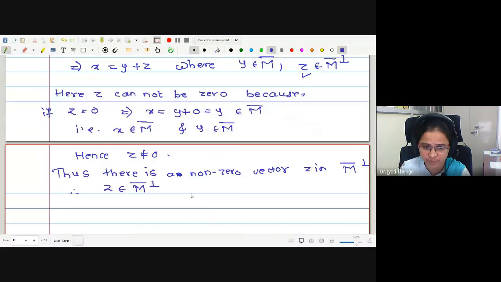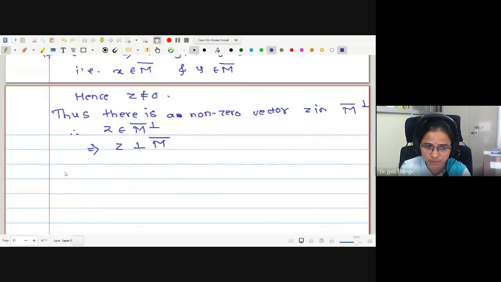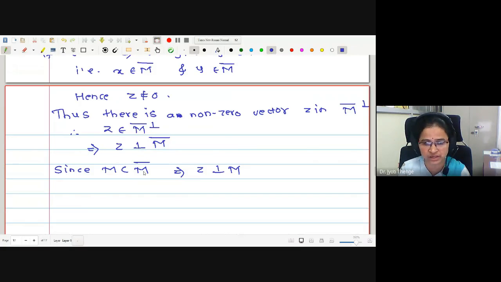Z is in M bar perp implies Z is orthogonal to M bar, and since M is a subset of M bar, it implies Z is orthogonal to M also. Right now, Z is orthogonal to a bigger set. Therefore, Z must be orthogonal to M. Now Z orthogonal to M bar, M is contained in M bar, implies Z is orthogonal to M. This implies Z is a member of M perp.